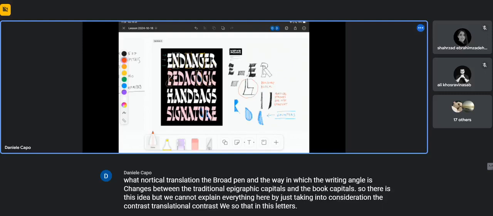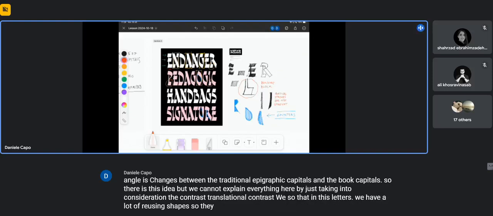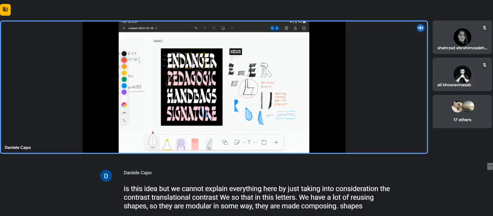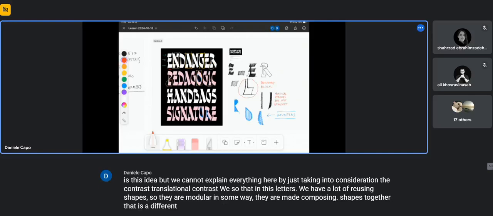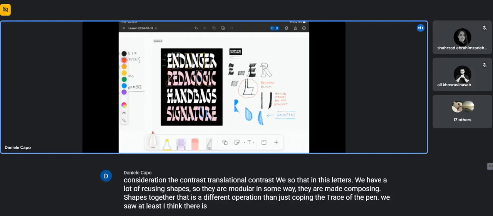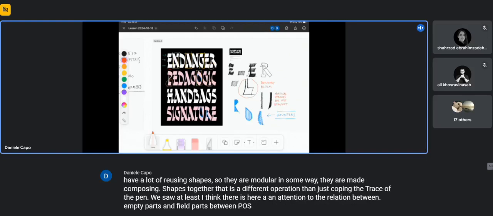We saw that in these letters, we have a lot of reused shapes. So they are modular in some way. They are made by composing shapes together. It is a different operation than just copying the trace of the pen. We saw, at least I think there is here, an attention to the relation between empty parts and filled parts, between positive and negative.